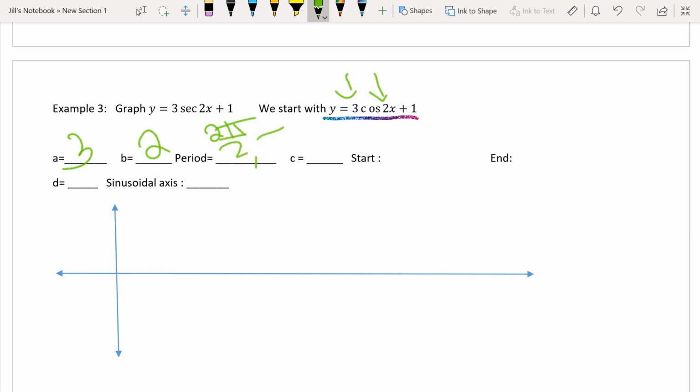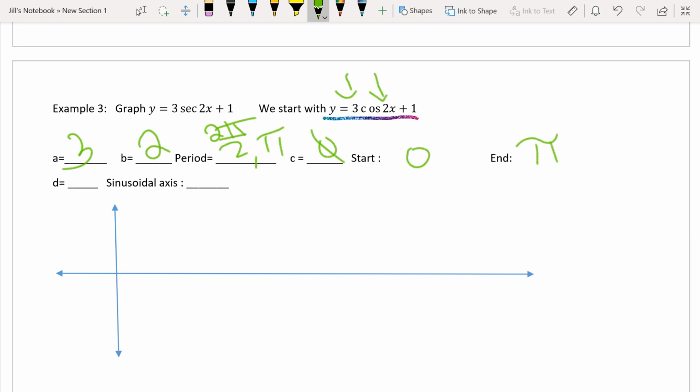The period of this graph is pi. So we have to complete a cosine wave in pi units. There is no C, there's no left and right shift, so we start at 0 and we end at pi because the period is pi.